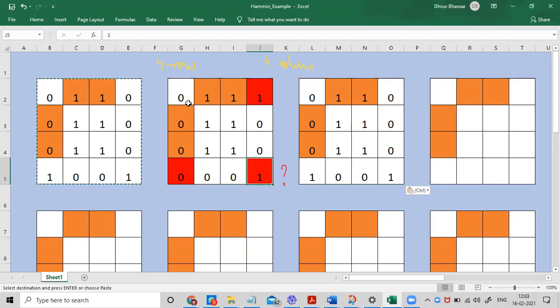So about the parity check, I was going to write this 0, right? We need to fix, so I would like to change this. It would be 1 and this would be 0.